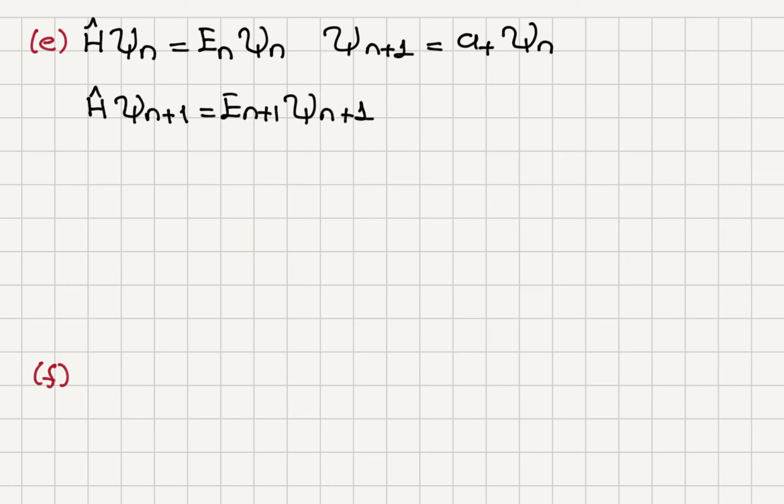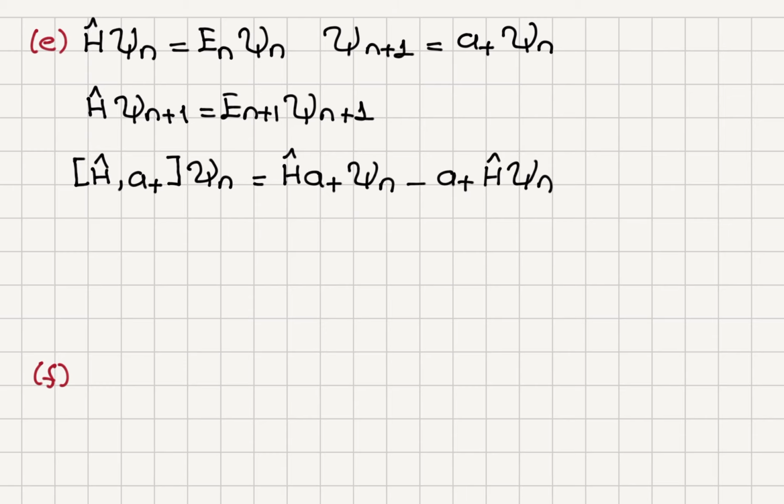Now the Hamiltonian operator commutator with A plus applied to psi sub n gives us the Hamiltonian operator applied to A plus psi sub n, minus the A plus operator applied to the Hamiltonian psi sub n.